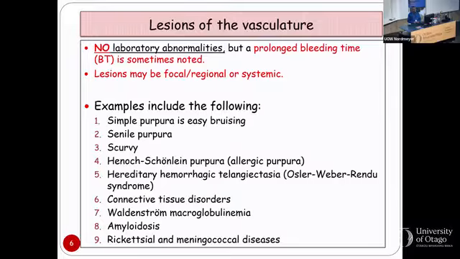That does not obviously exclude it, but it could potentially exclude some things, and then you might want to focus on some other things. Also, some bleeding can just be physical. If you do a surgical procedure and you cut through a vessel, it will bleed. So prolonged bleeding may be a physical, anatomical problem rather than pathology.